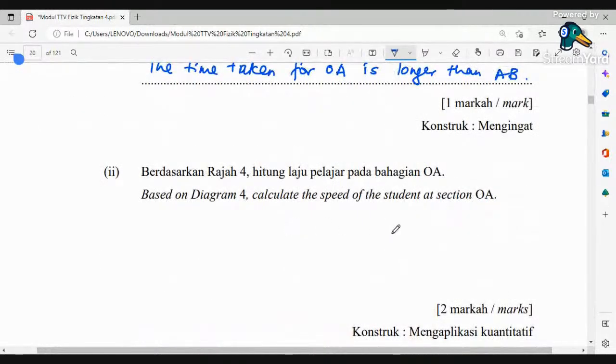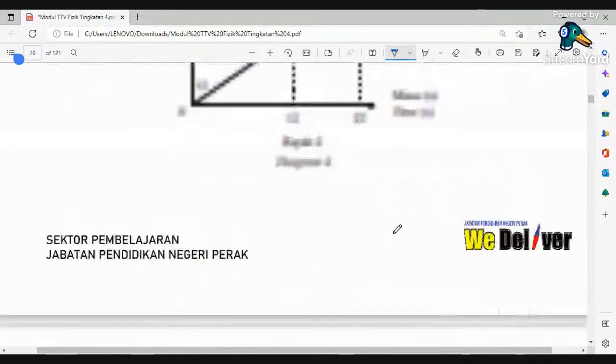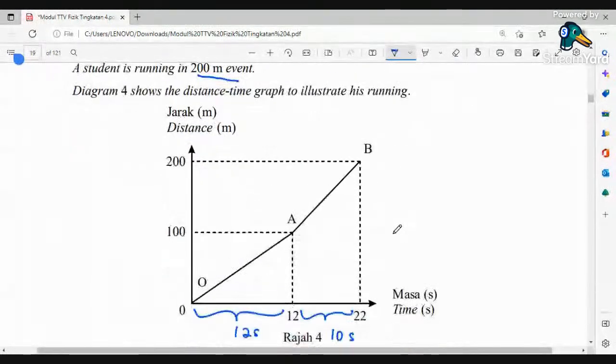Okay, based on diagram 4, calculate speed of student at section A. Soalan ni ialah ST graph. Kalau ST, apa you boleh dapat? Gradient equals velocity ataupun speed. So means you need to find speed by using this triangle. So 100 divided by 12.